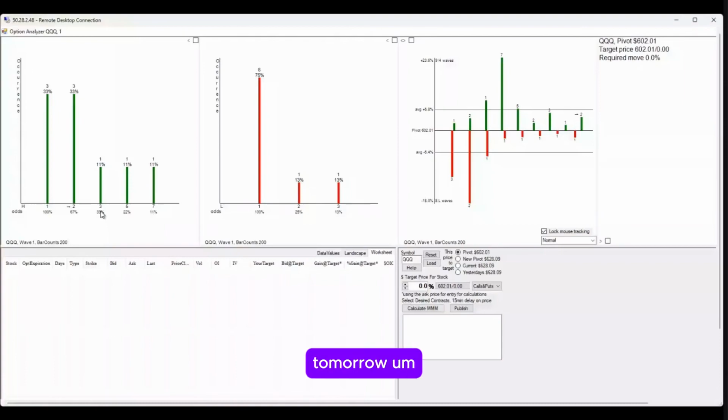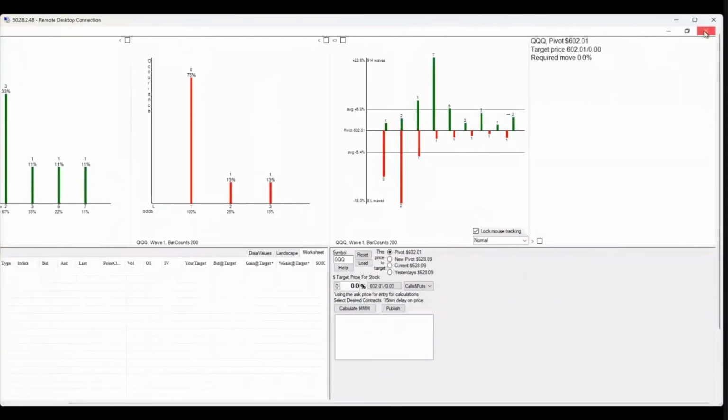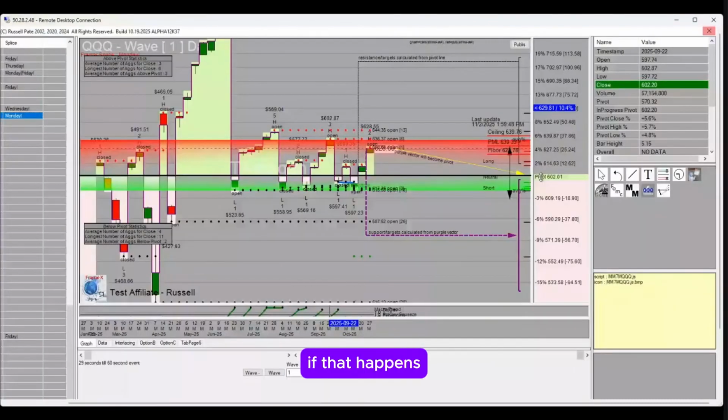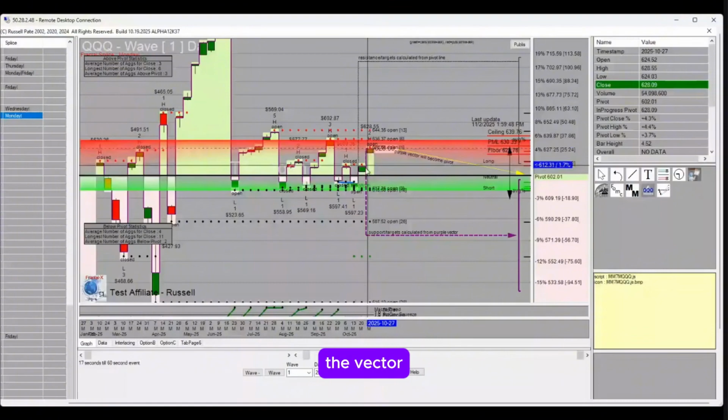So Monday tomorrow, that means we have a 67% chance of closing below last Monday. If that happens tomorrow, then we would have an L1 assigned, because on this graph the close price becomes the vector, since it's wave 1 daily.